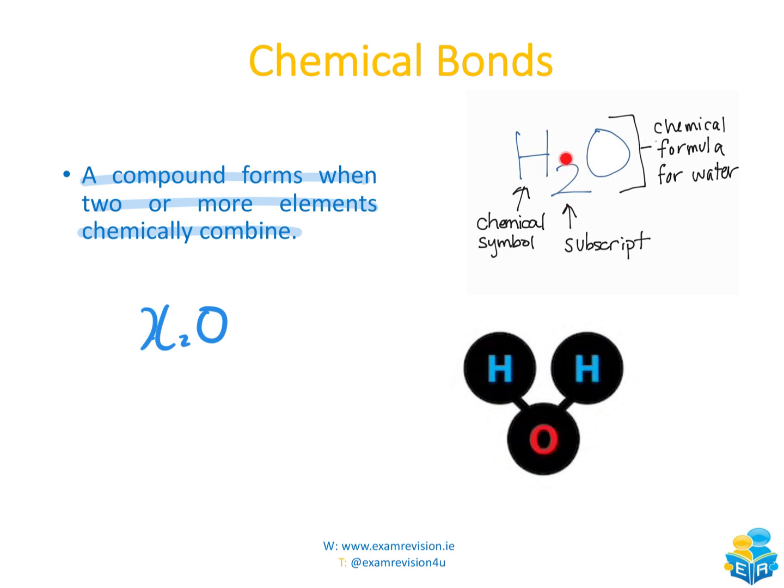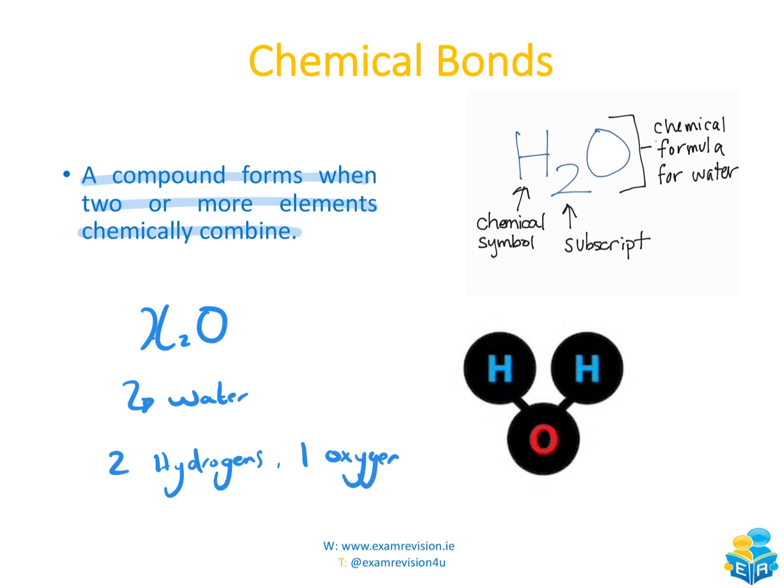This subscript here, okay, the little smaller number 2, that's telling us that we have 2 hydrogens, H2, okay? This O, there's no number actually written there. That just means we have 1. This is actually the chemical formula for water, okay? So within water, we have 2 hydrogens and we have 1 oxygen.